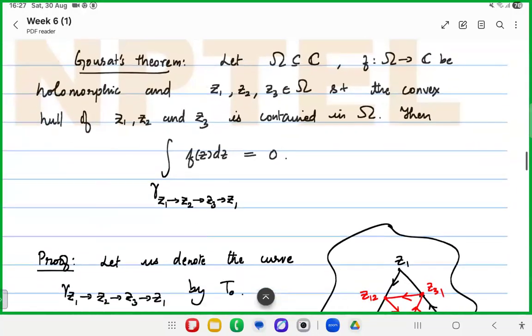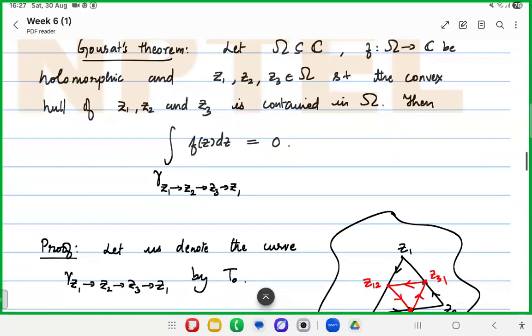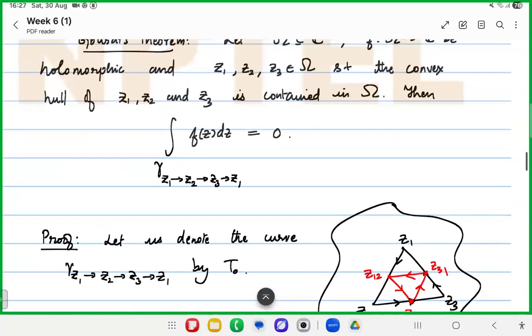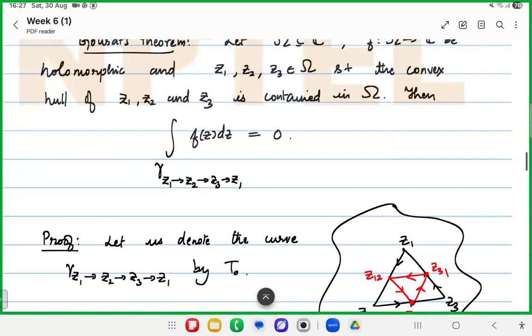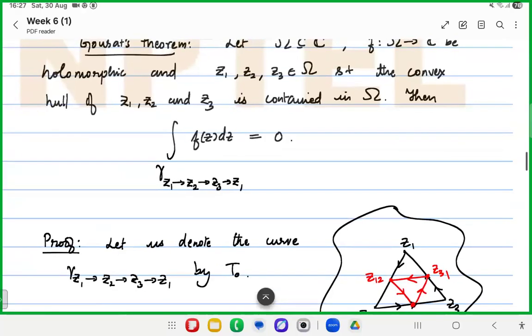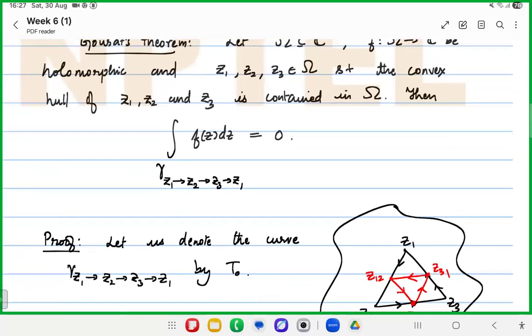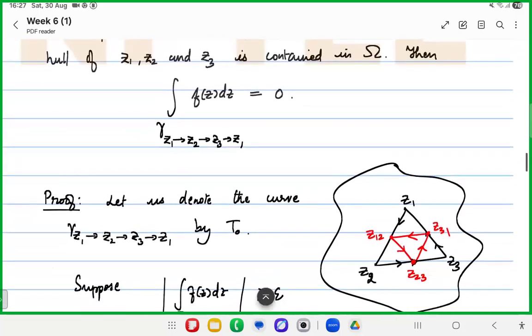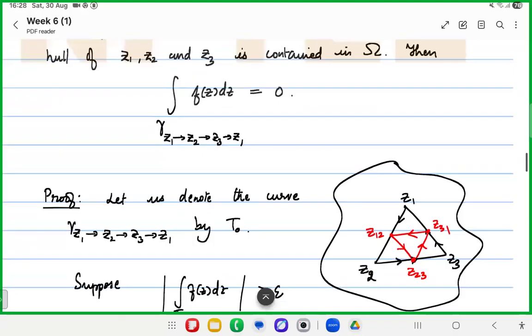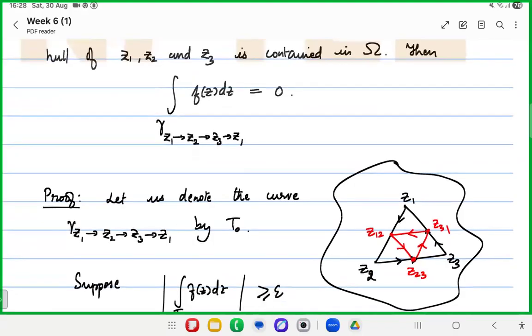So this Goursat theorem is about when z1, z2, z3 are 3 points in omega, and omega is some open connected set, and f is holomorphic there, then for the lines, segments, kind of a triangular path, the integral is 0.